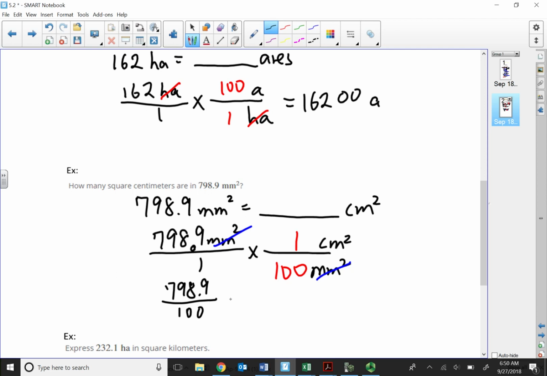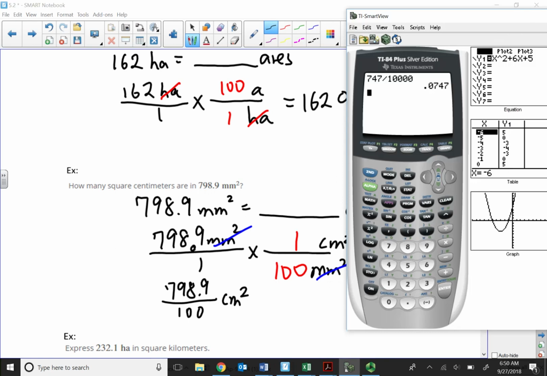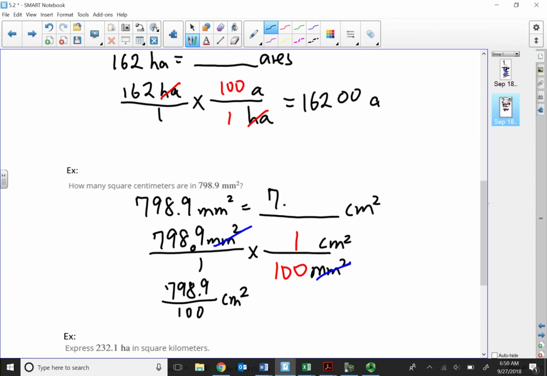My only unit left is square centimeter. So once I divide, I have to move my decimal to the left 2 places because I'm dividing by 100. So that will be 7.989 square centimeter.